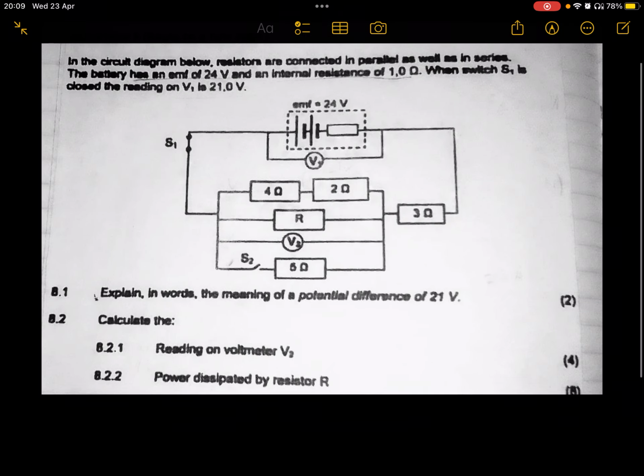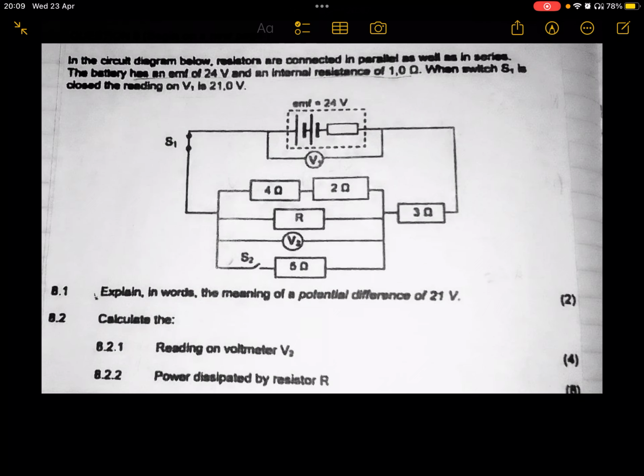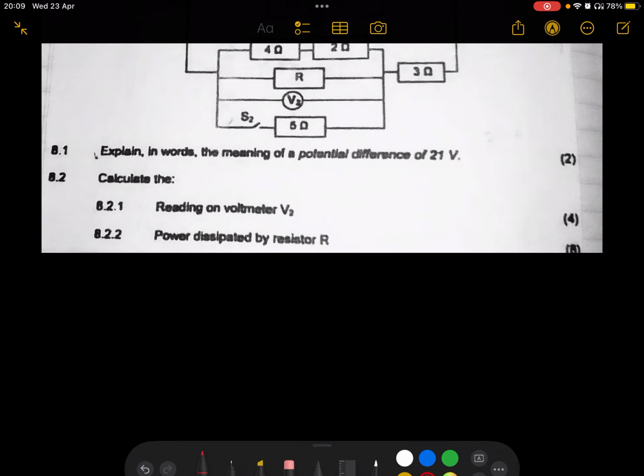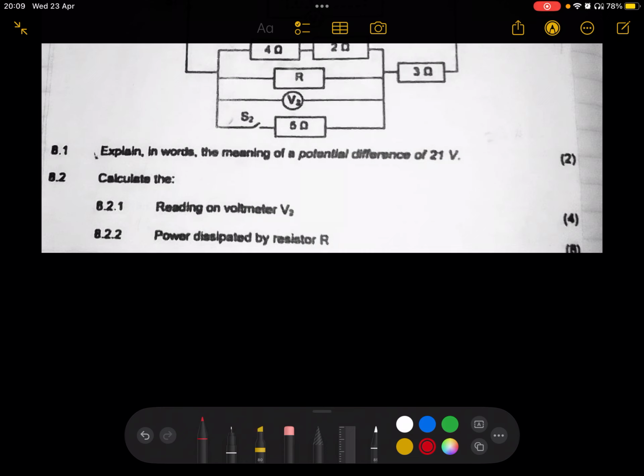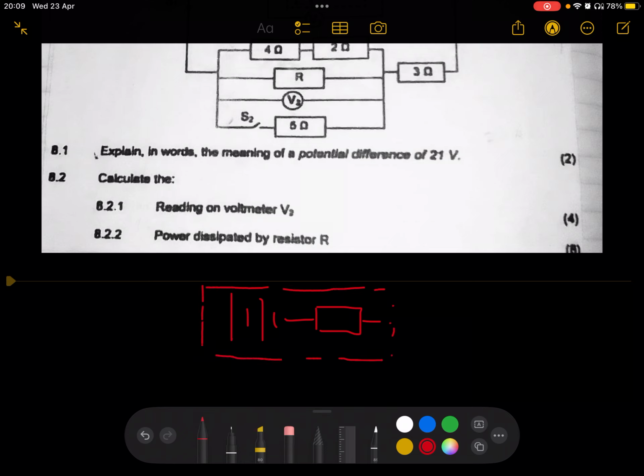Right. In this circuit, I'll have to redraw it now without the connection of S2. So when I redraw it without the connection of S2, it'll look something like this. That's the internal resistance, and then this goes down to S1.